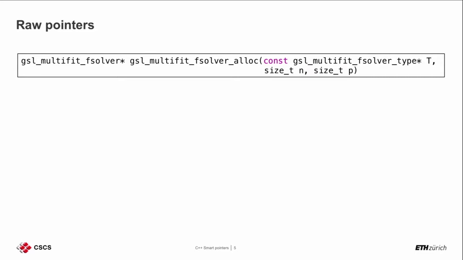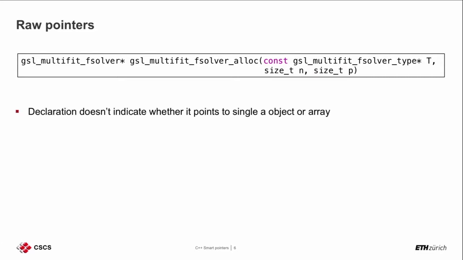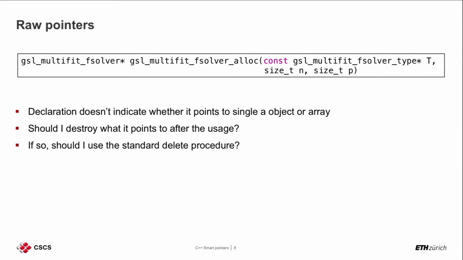And the thing is that if you just look at the interface of this function, it's not easy to understand if that particular pointer is a pointer to a single object or maybe a pointer to an array. You don't know if you have to destroy this pointer after the usage, or maybe it's used in other points in your code, so you don't have to delete the pointer itself unless you are sure that everybody has finished using this pointer in all the places in your code.